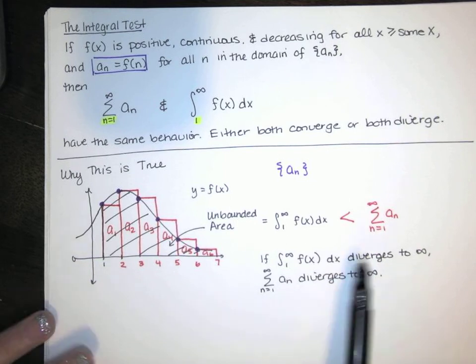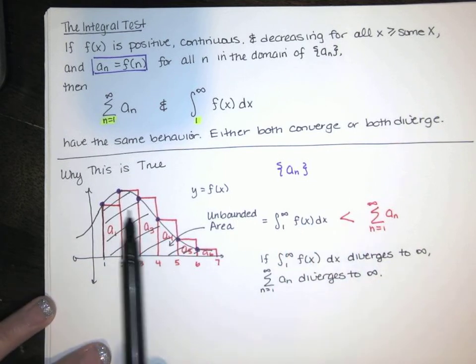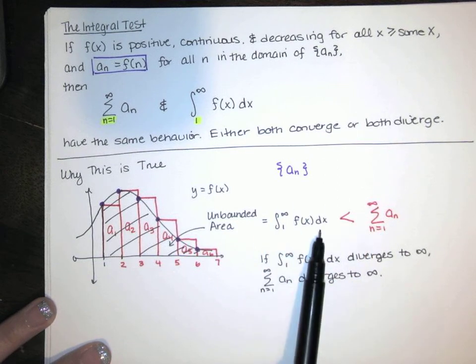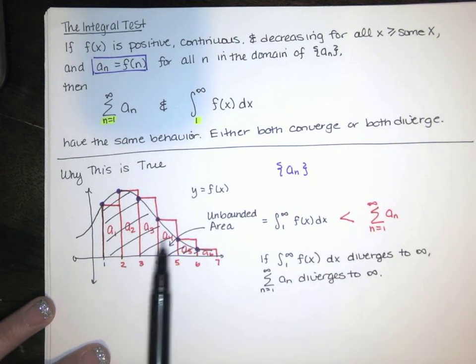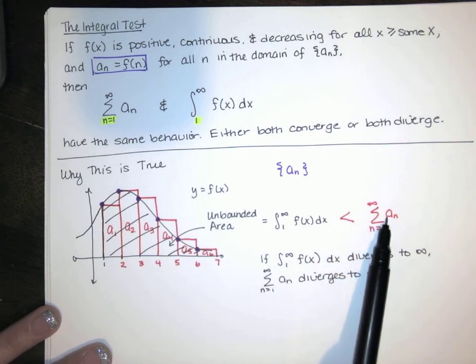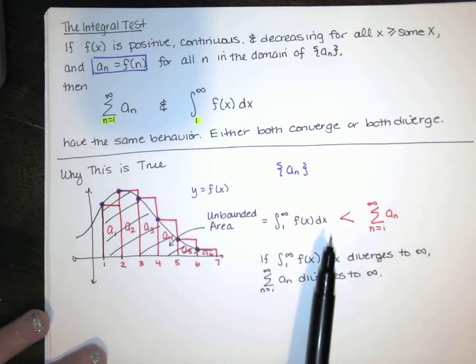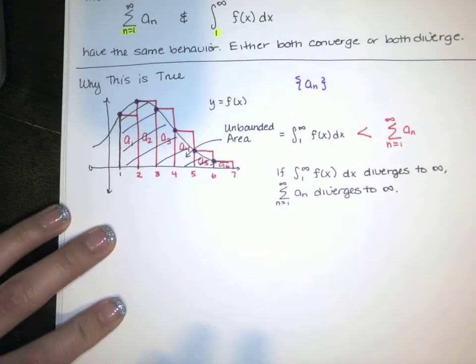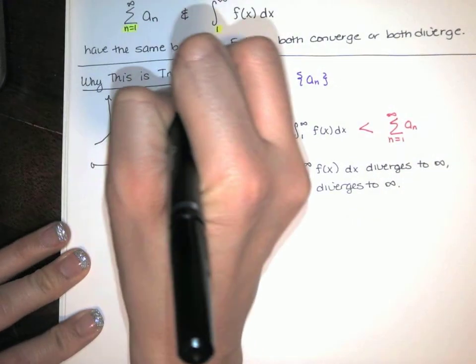And so we're able to see that the area of these rectangles is the sum of the series. And if we add up this area and it's an infinite area, if this is larger than that, well, it has to be infinity too. So keep that in mind.